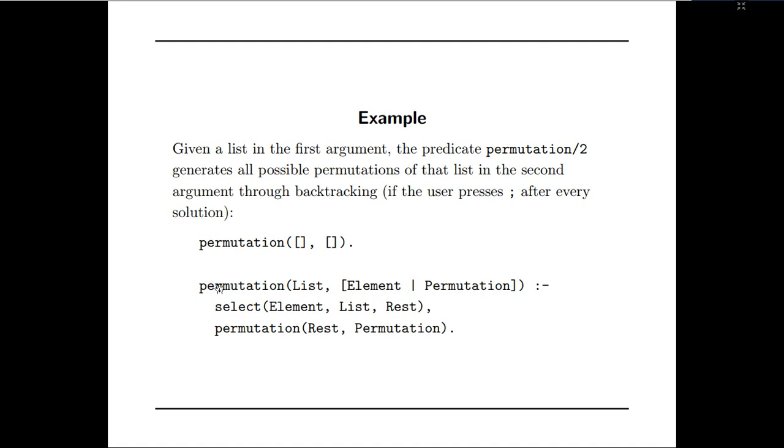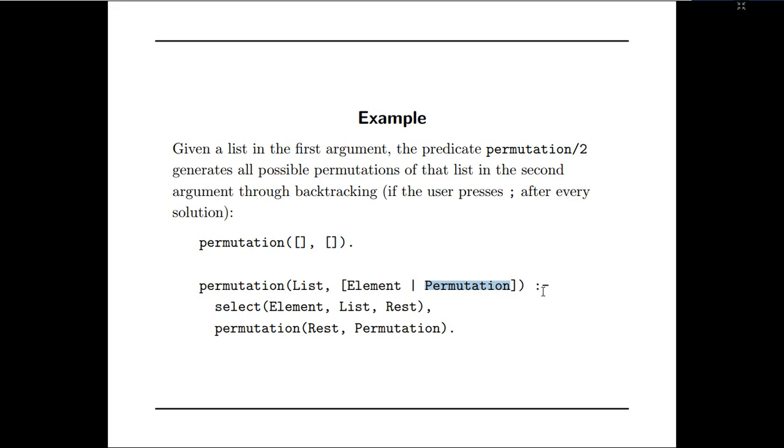And another rule is here with head and tail. This is the element, meaning the head, this is the bar symbol, and the permutation. That means the first element is considered, and the rest of the elements are again considered for the permutation.